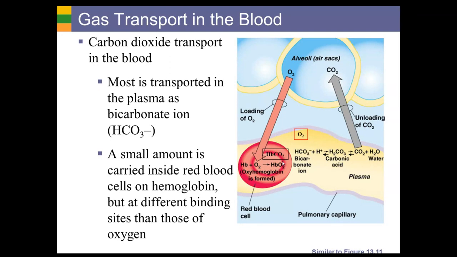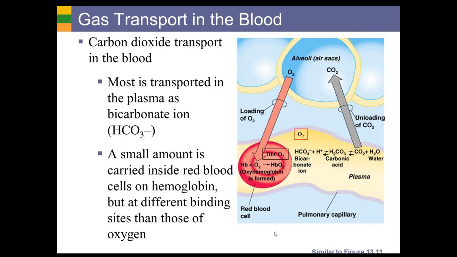It's not competing with oxygen for the hemoglobin molecule. Again, carbon dioxide is not competing with oxygen for the binding site on the hemoglobin molecule. So this is what's occurring in those pulmonary capillaries during external respiration.